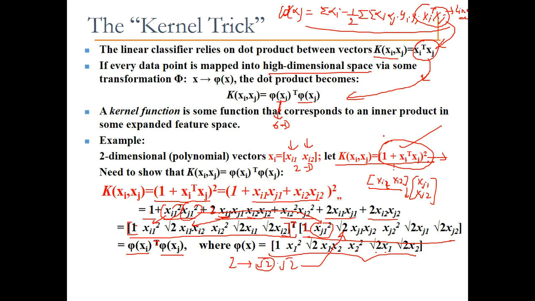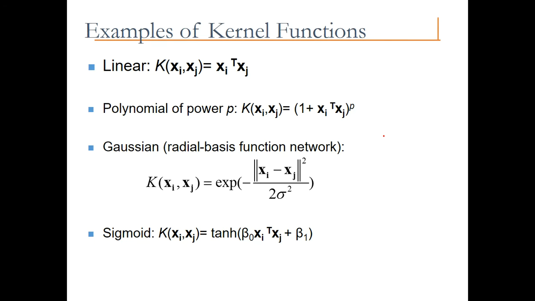And this way our non-linearly separable data will be easily transformed into linearly separable data. There are many examples of kernel functions. This is the linear function, which we already used in the SVM formulation. The next one is the polynomial kernel. In the last slide we saw p equal to 2, whole square, but it may be of higher degree also.